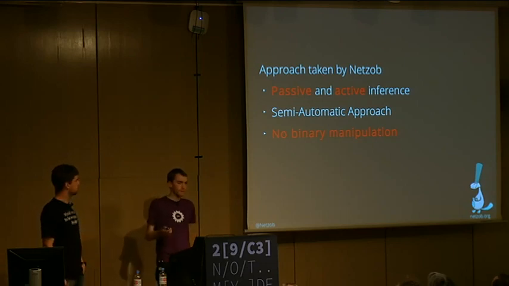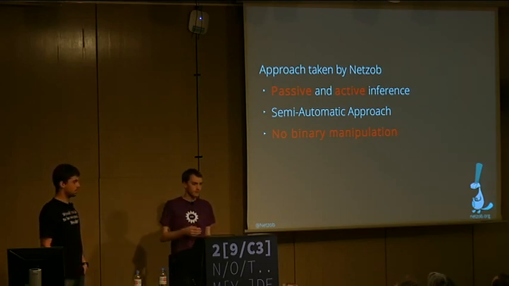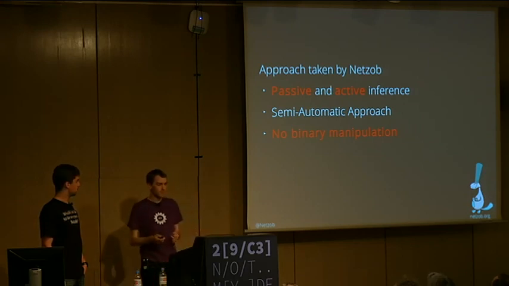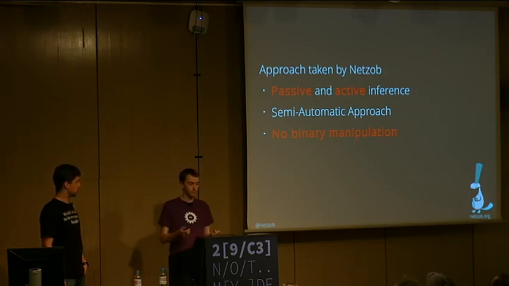By that, I mean that it's not entirely automated. The expert has to do some tweaking, to specify some parameters to better understand the protocol. And we don't rely on binary manipulation, either static or dynamic analysis. We only observe traces.